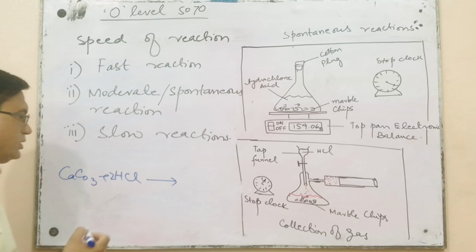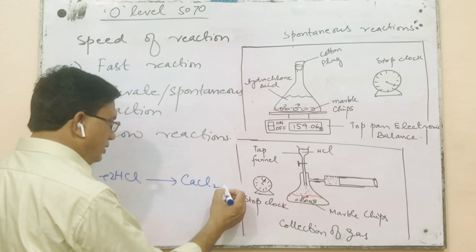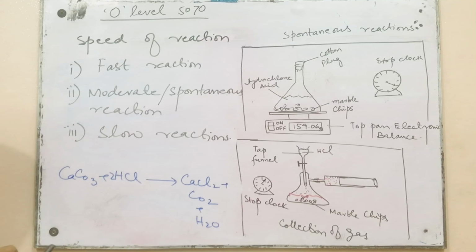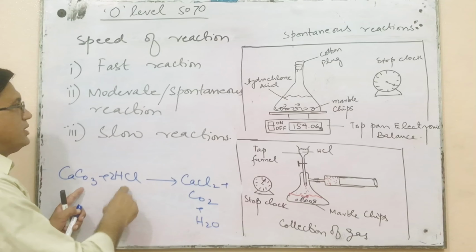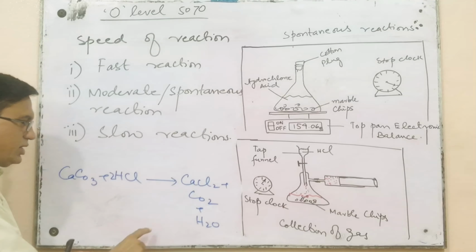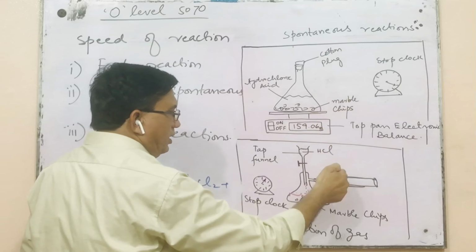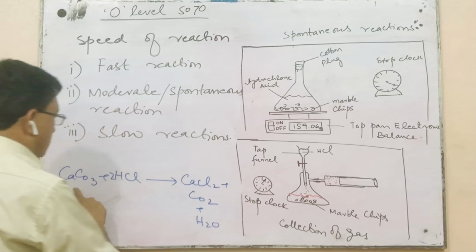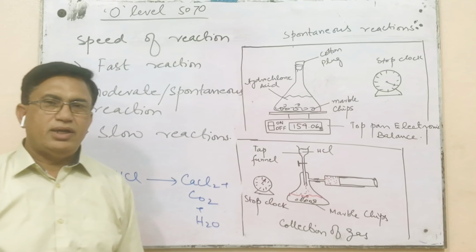Immediate reaction takes place, producing calcium chloride, then carbon dioxide, and then water. These are the products. This reaction is an example of moderate or spontaneous reactions, and this reaction can be performed in both of these experimental apparatuses. This is an example of moderate reaction in which we can easily calculate the rate of reaction.